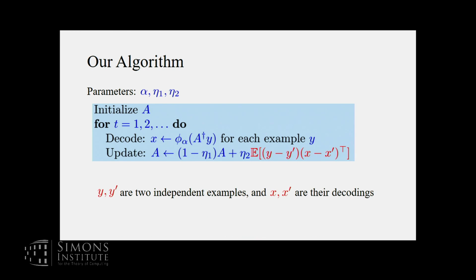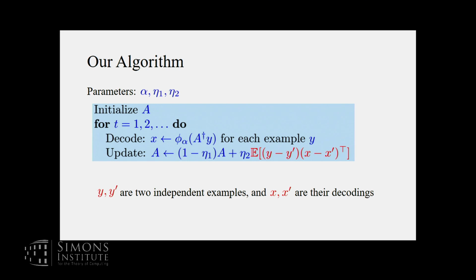Okay. After getting the decoding, we just do the update. It's also quite simple. We just compute some direction and then move along that direction. So the direction is just the expectation over y minus y prime times x minus x prime transpose. So this is a vector, this is a row vector.